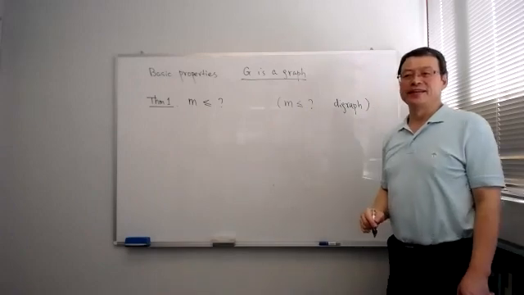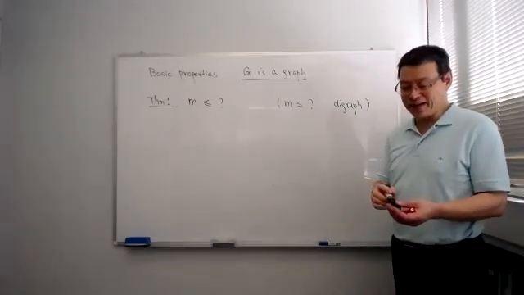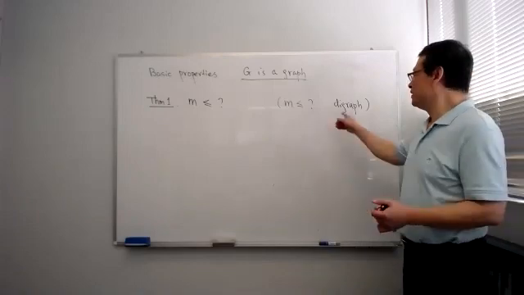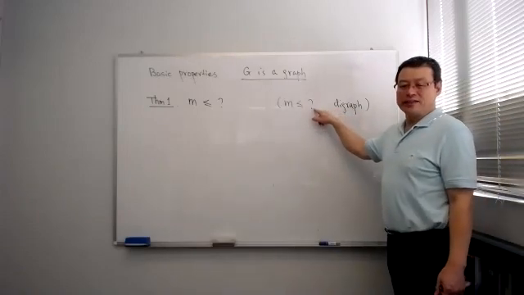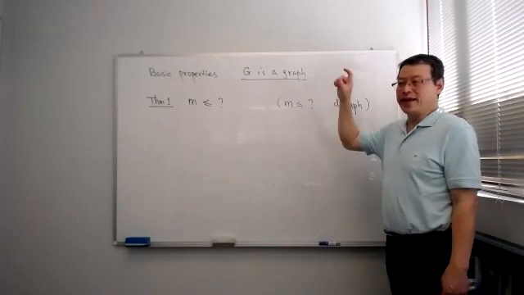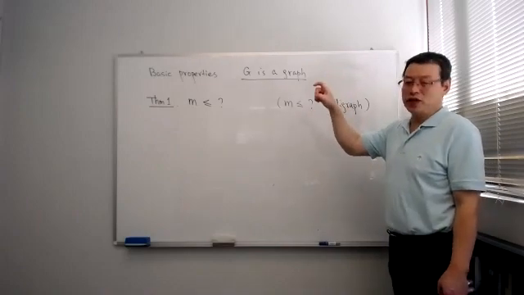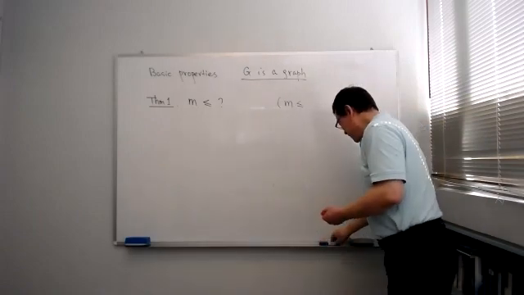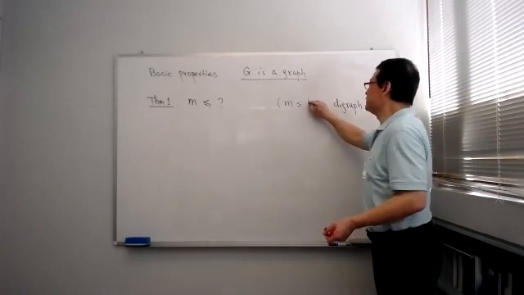Very basic counting. How many for a digraph? It's a binary relation, right? In a digraph, every pair is possible. There are n choices for the first element, n choices for the second element. So for a digraph, n squared.